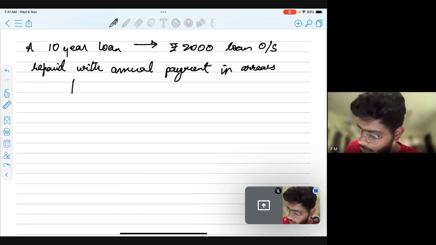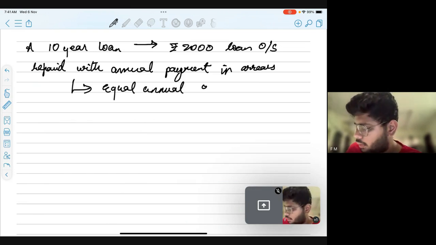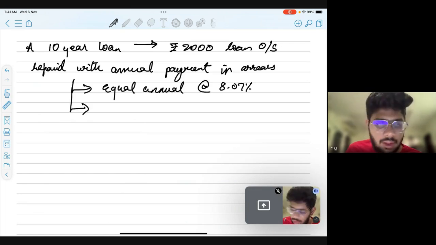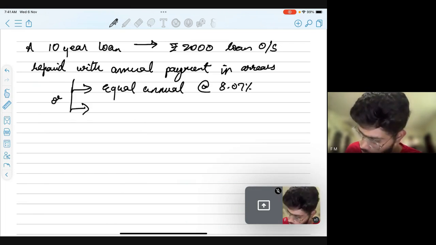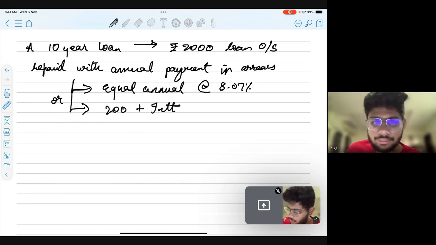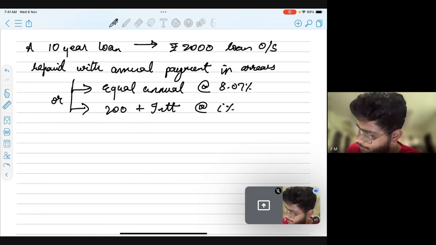It can either be equal annual payments at 8.07%, or it can be 200 plus interest at i%.